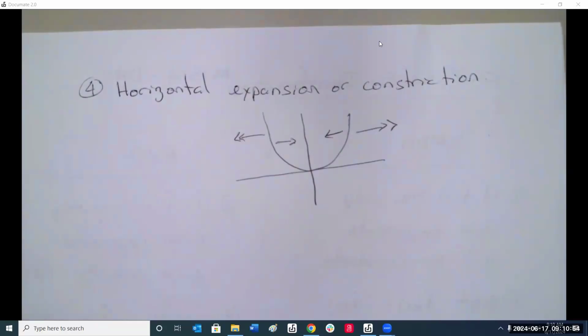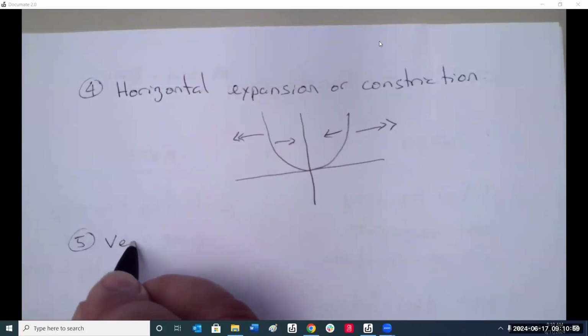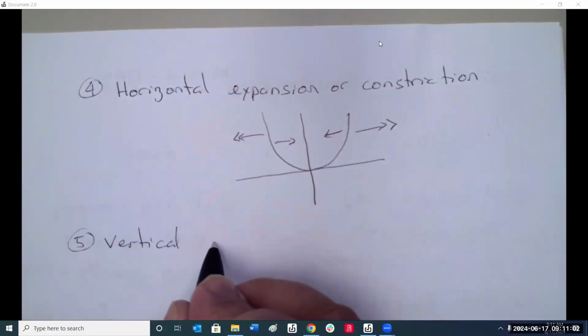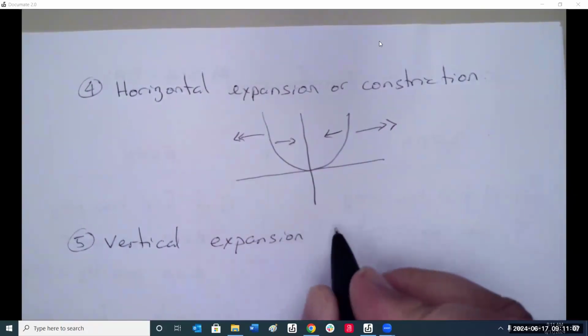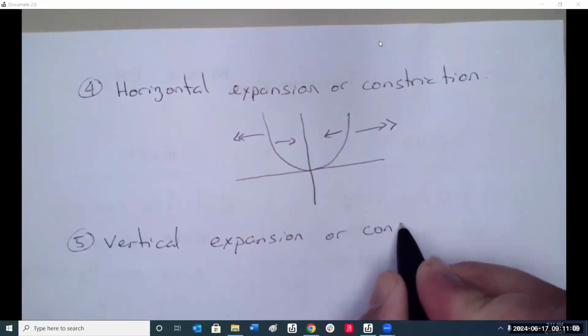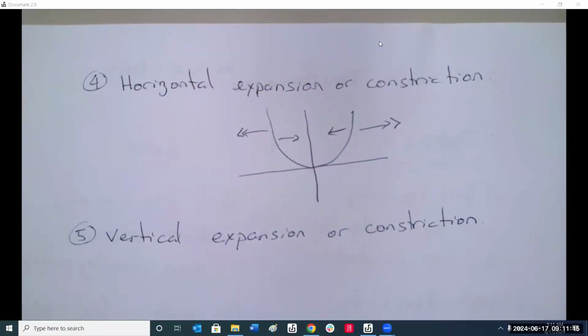It's either going to stretch out or going to be squished in. And lastly, we have the vertical expansion or constriction. That's when a graph can be stretched up or it can be pushed down.